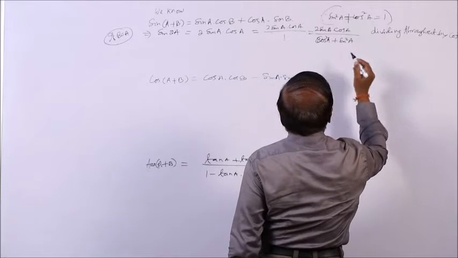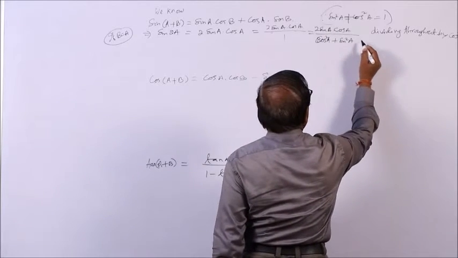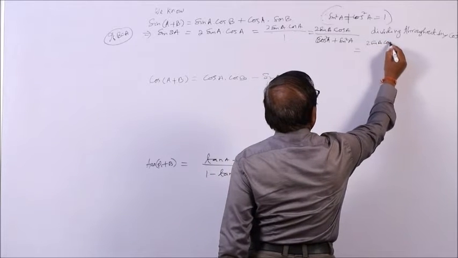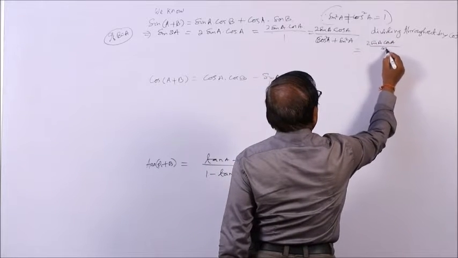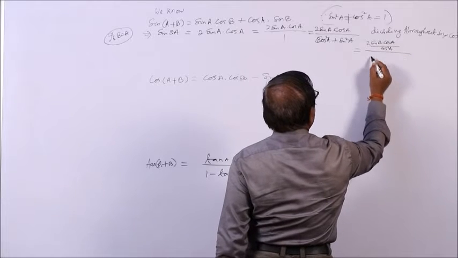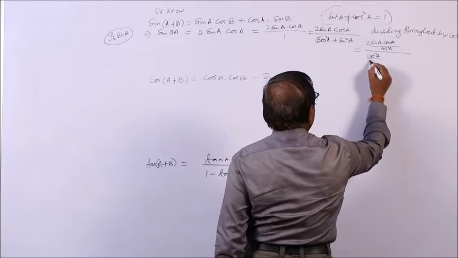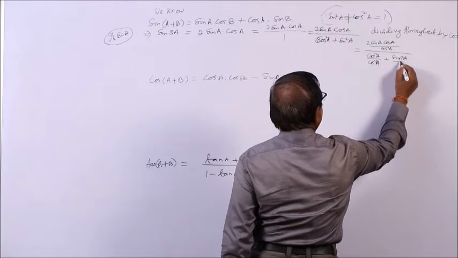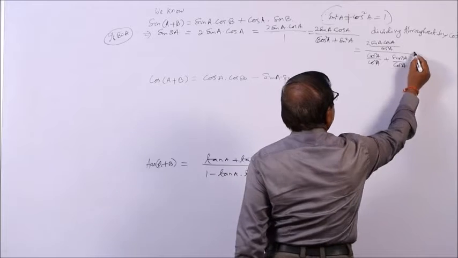This will be 2 sin A cos A by cos square A, whole divided by cos square A by cos square A plus sin square A by cos square A.